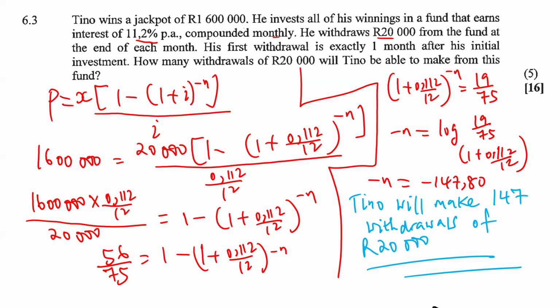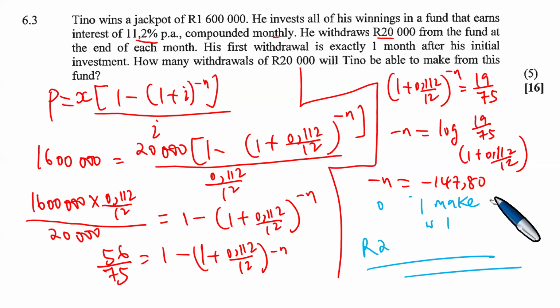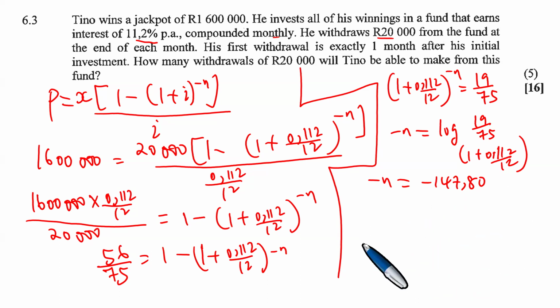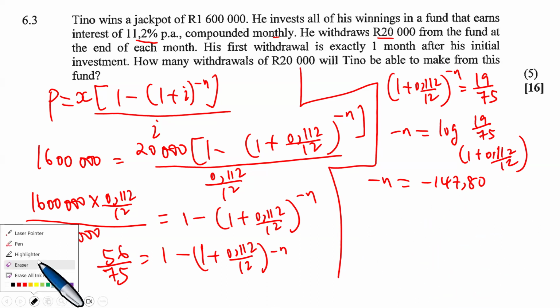Right, so we are sure, therefore, that Tino will make exactly 147 withdrawals. And the reason for that is simply because we know, we can write here a little bit. If you divide both left and right or multiply both sides by -1, you would have exactly a positive n value.